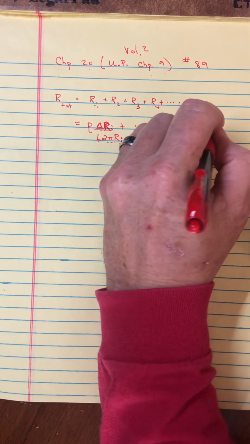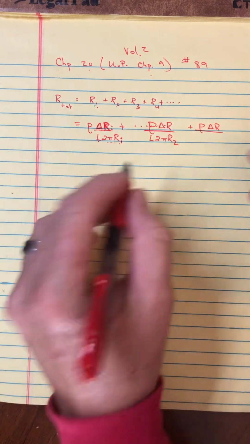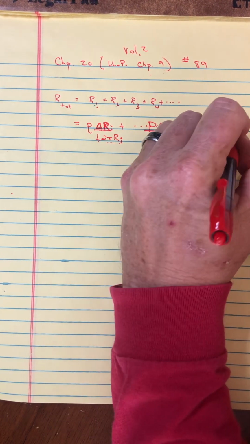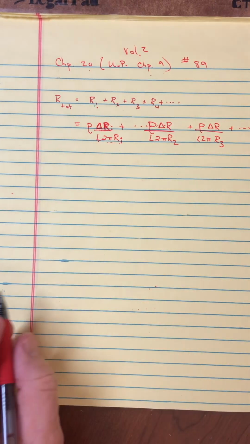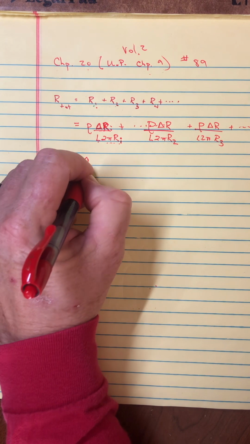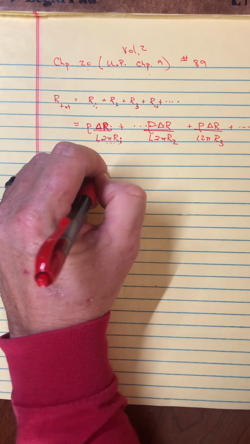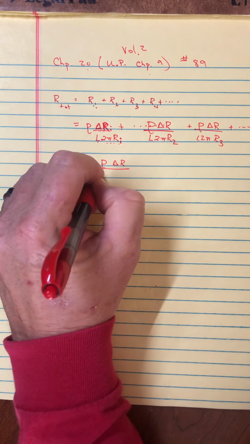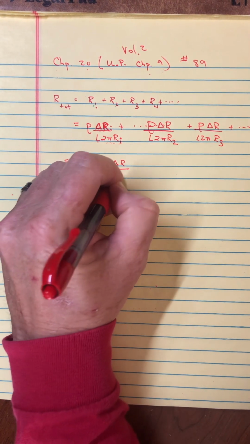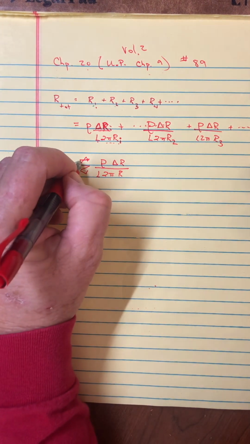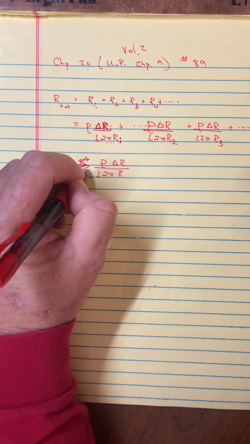And then plus a rho and another thickness, delta R, and then an L and a 2 pi, and then radius 3, dot, dot, dot, dot. Now, maybe that's best written as a summation of rho delta R over L 2 pi R. Okay, that's a terrible looking sigma.